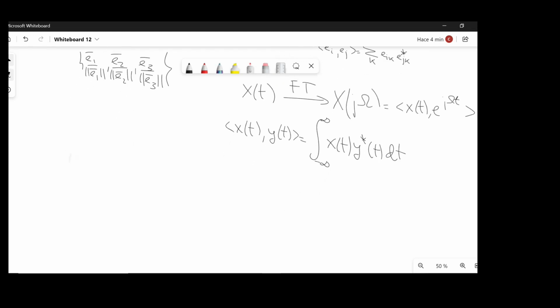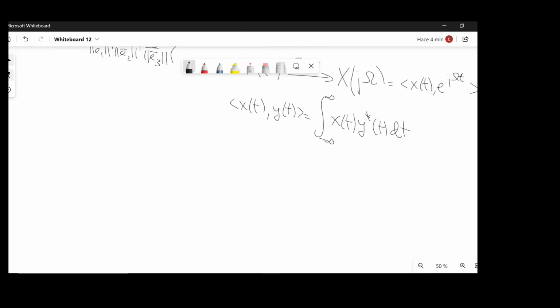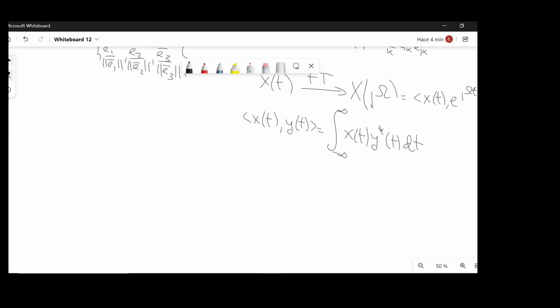Let's say that I have x of t that is a real valued function, a real number for all t. I compute the Fourier transform, and then I have this one.